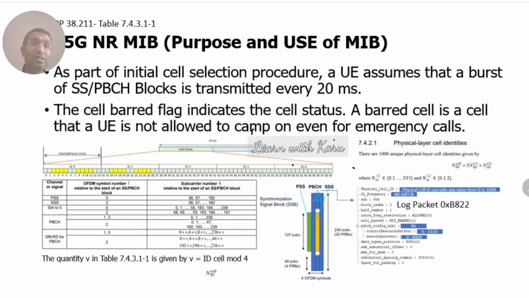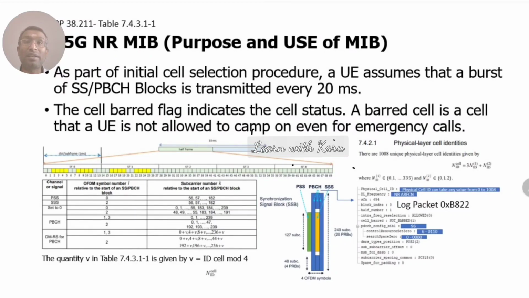And this synchronization signal block need not be located at the center of the carrier frequency, and it follows the NR sync raster with a 1.2 megahertz offset. So what do we learn? Here we already learn whether we'll be able to access the cell or not.